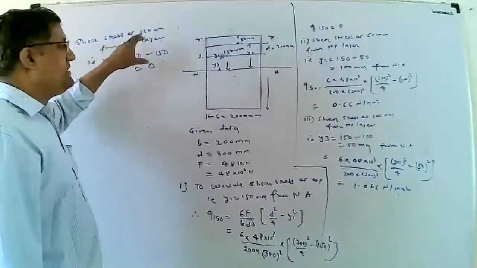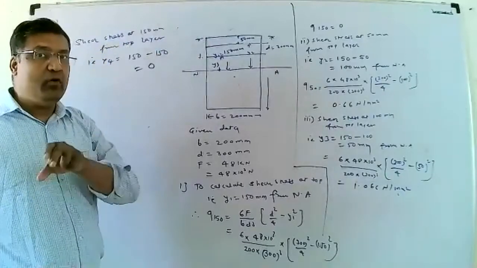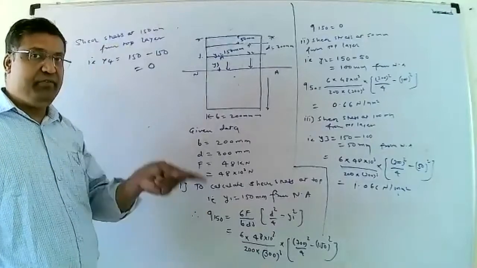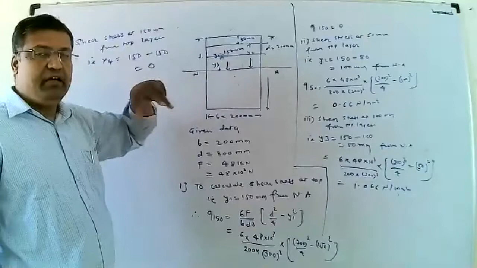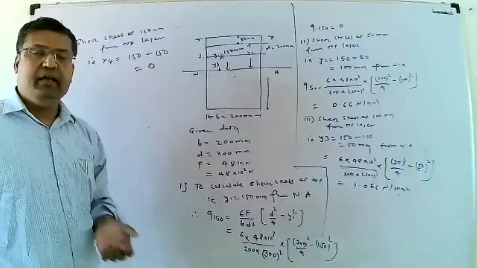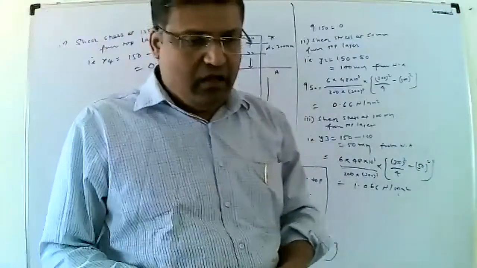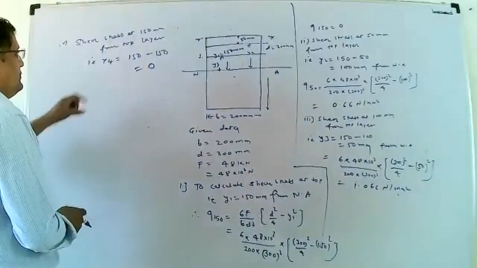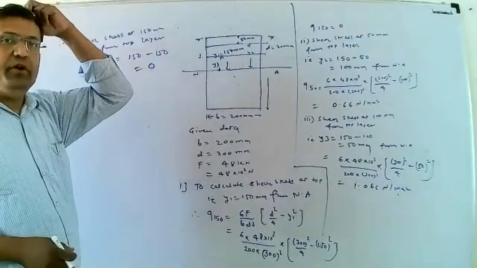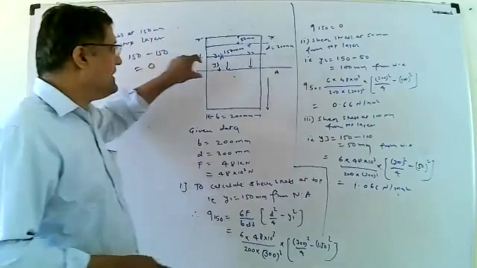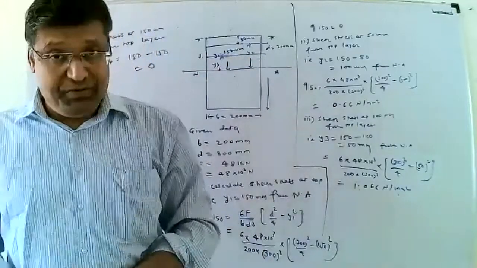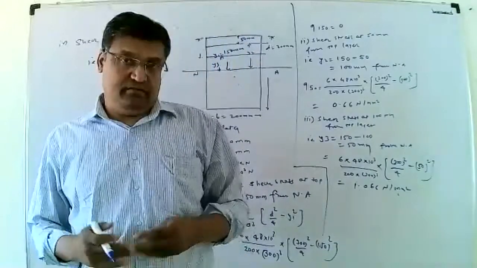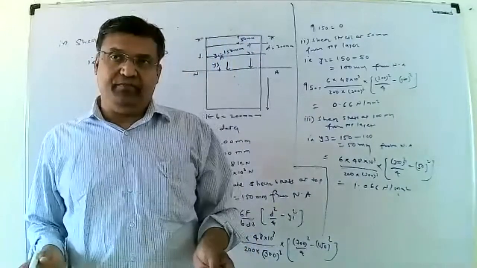Then here we need to calculate shear stress at a distance 150 mm from the neutral layer, meaning 150 minus this distance 150. Then the remaining value of y will be equal to 0. Zero means exactly at the neutral axis, which means the layer is neither elongated nor shortened.